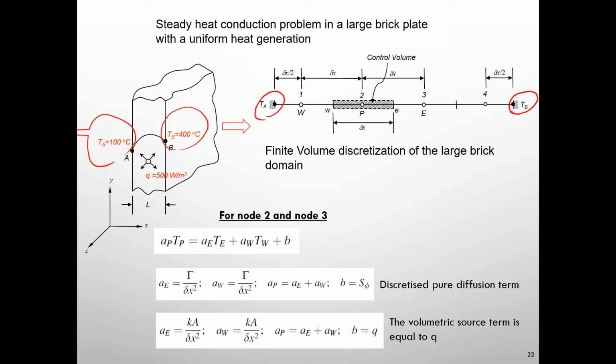For this case, we distribute them into 4 points, 4 nodes: 1, 2, 3, and 4, where they are equally spaced, except from 1 to TA, the space is only half. Same goes from point 4 to the TB, the gap is half compared to the rest, delta x over 2.